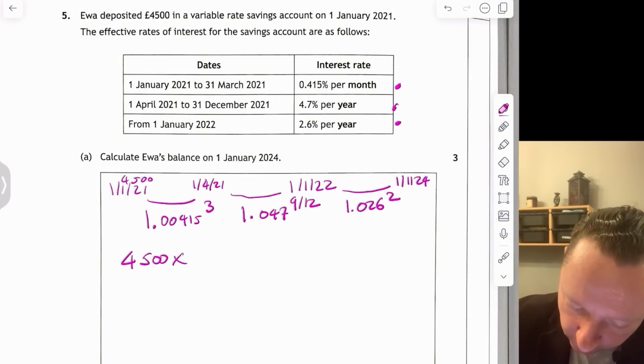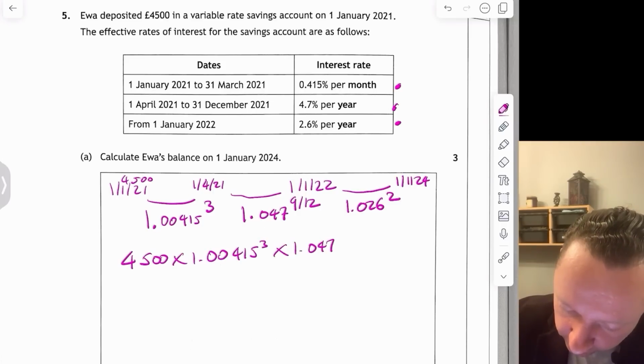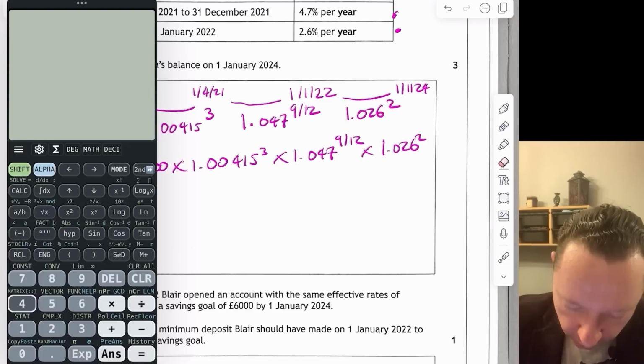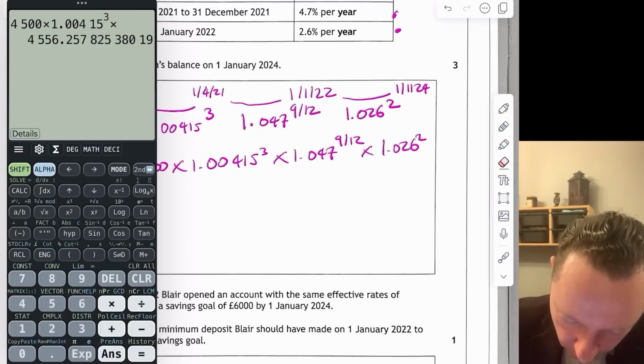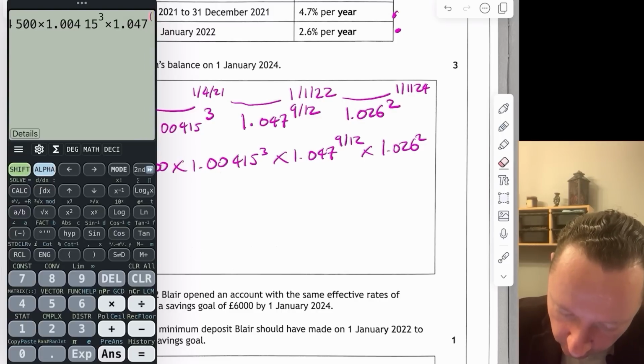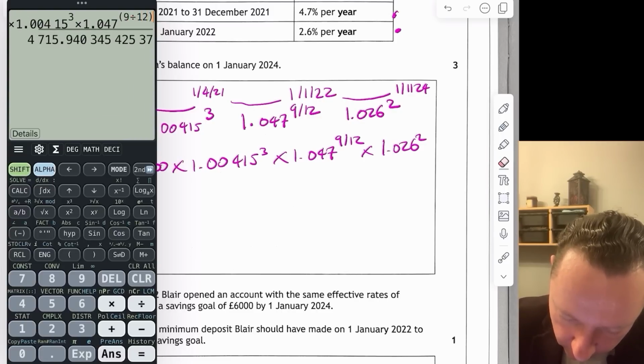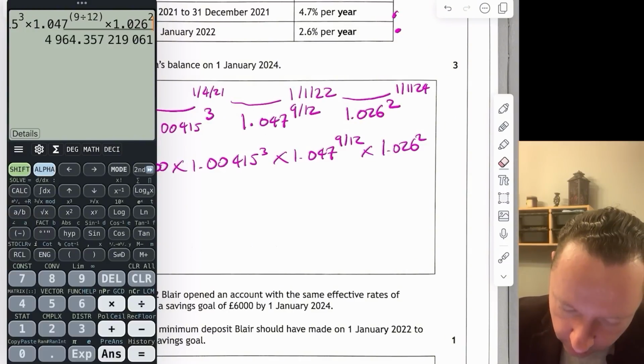4,500 times 1.00415 cubed times 1.047 to the 9/12 times 1.026 squared. 4,500 times 1.00415 to the power of 3 times 1.047 to the power of 9/12 times 1.026 squared.